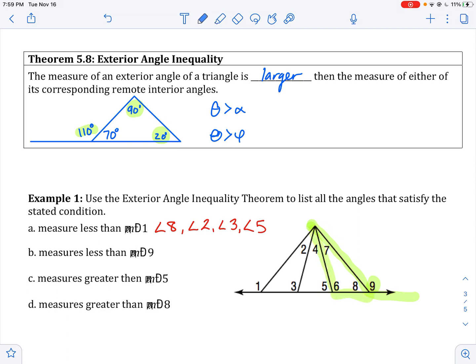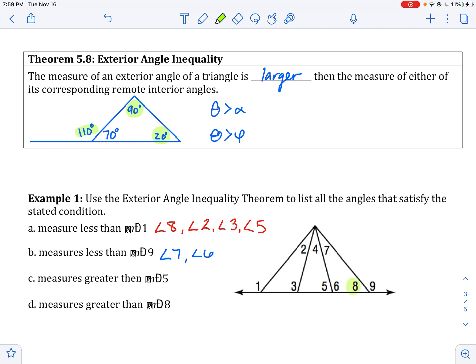But this one gives me angle 7, angle 6. Now you could make a case that 9 is greater than 8, but you could also make a case that that's not to scale, or maybe that's just a fluke of the drawing. Maybe it was an inaccurate sketch of the situation.